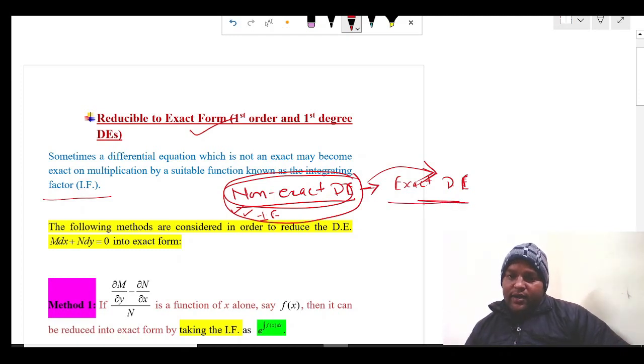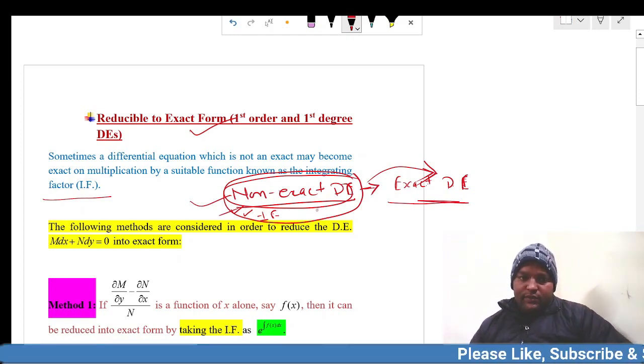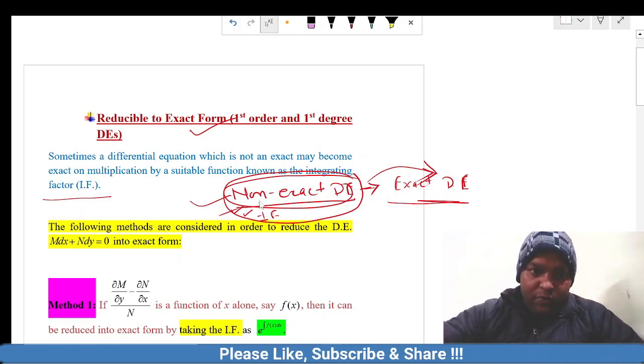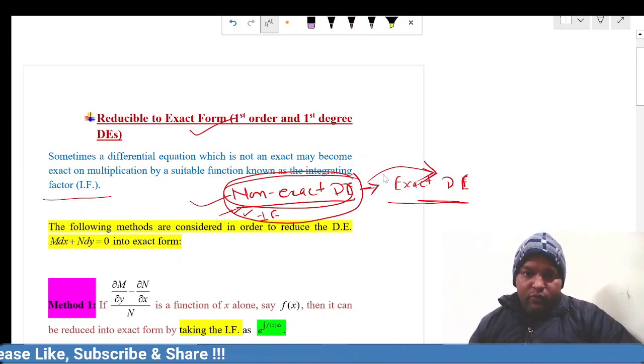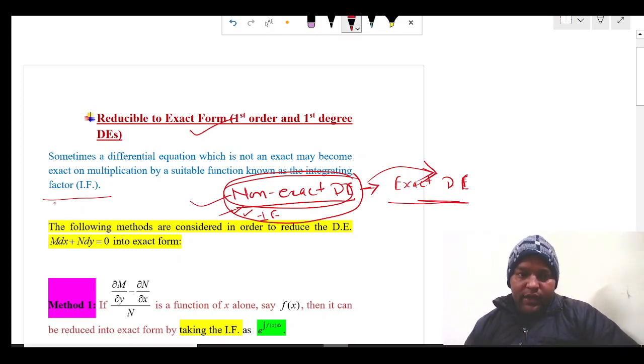Then using that result we can easily write the general solution of the given differential equation. So in this topic, reducible to exact form, we have to obtain the integrating factor for the given differential equation when it is not in the form of an exact form.